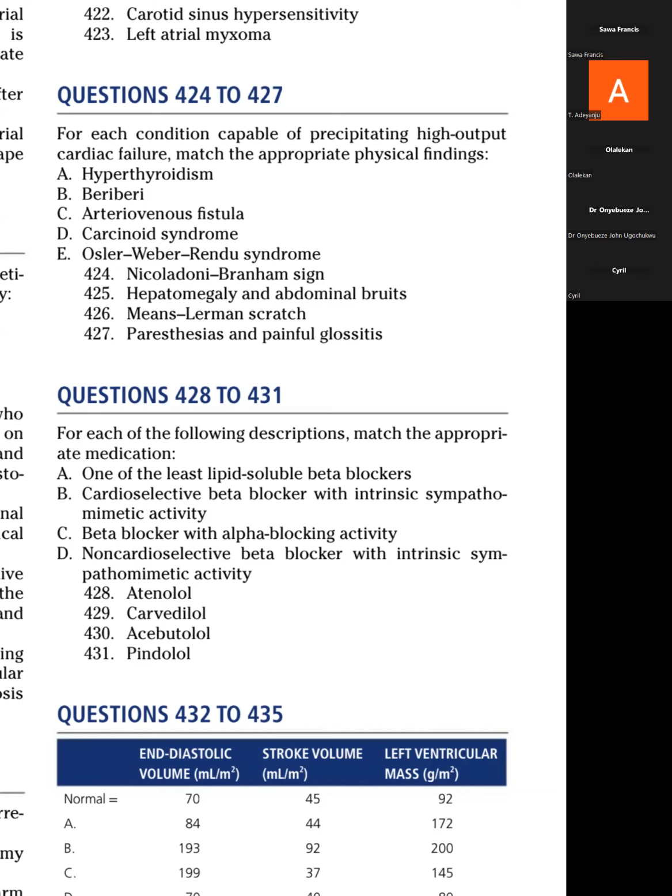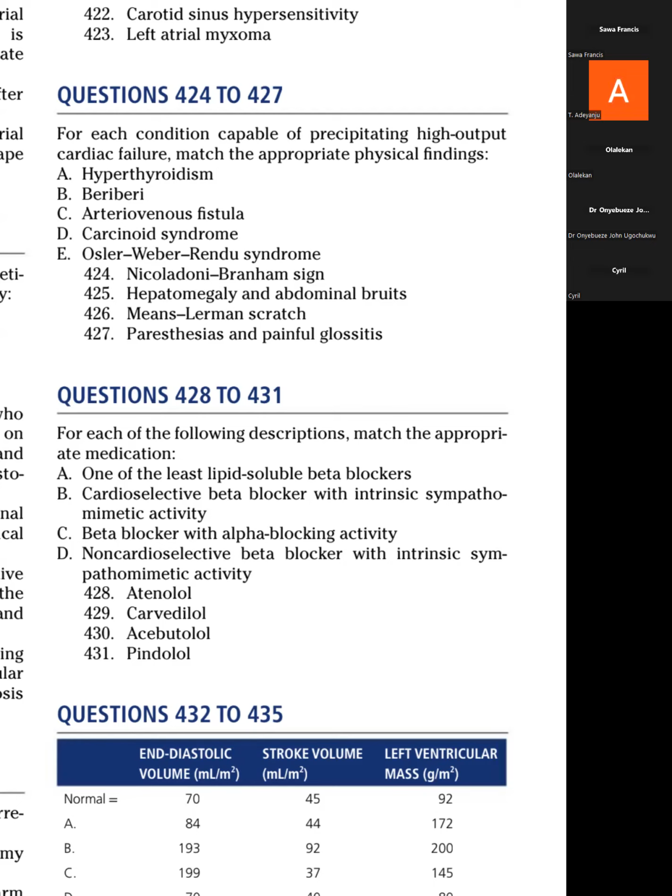It's also important that we remember the other cardioselective beta blockers, like atenolol, metoprolol, esmolol. They are cardioselective beta blockers, but they don't have intrinsic sympathomimetic activity. Now, 431 is pindolol, and when we read down the options here, we have non-selective beta blocker with intrinsic sympathomimetic activity.